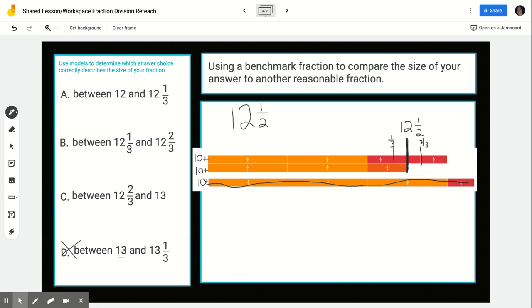So is it fair to say that 12 and 1/2 is between 12 and 1/3 and 12 and 2/3? The answer is yes. But just for the sake of argument, if we look at 12 and 2/3, which starts here, and 13, which would start here, we know for sure that 12 and 1/2 way back here would not fall here. So it doesn't work. So the answer is between 12 and 1/3 and 12 and 2/3.